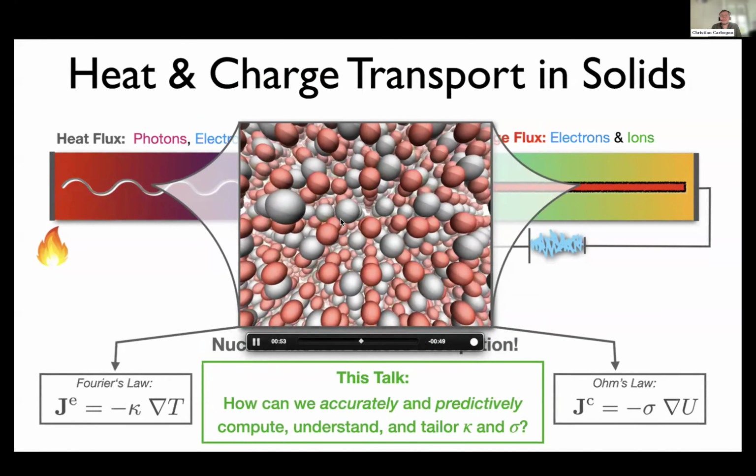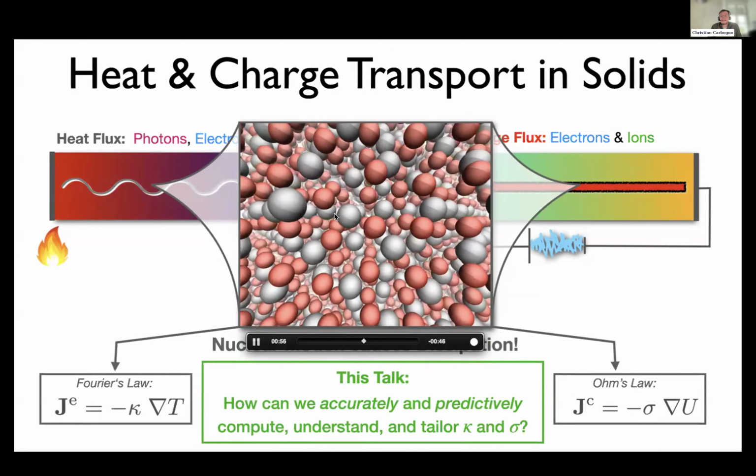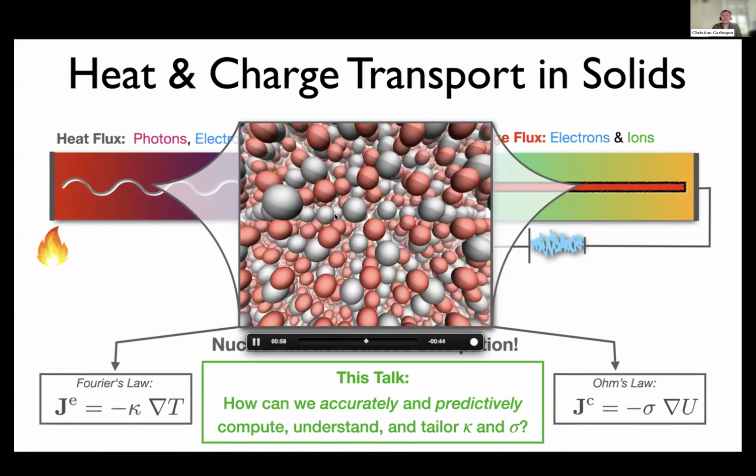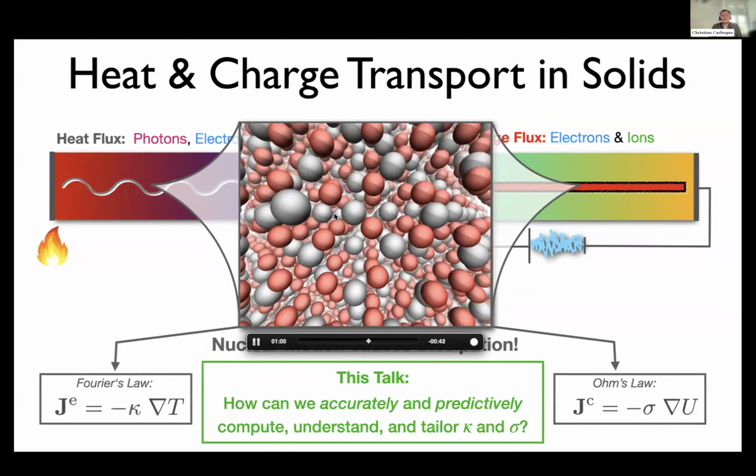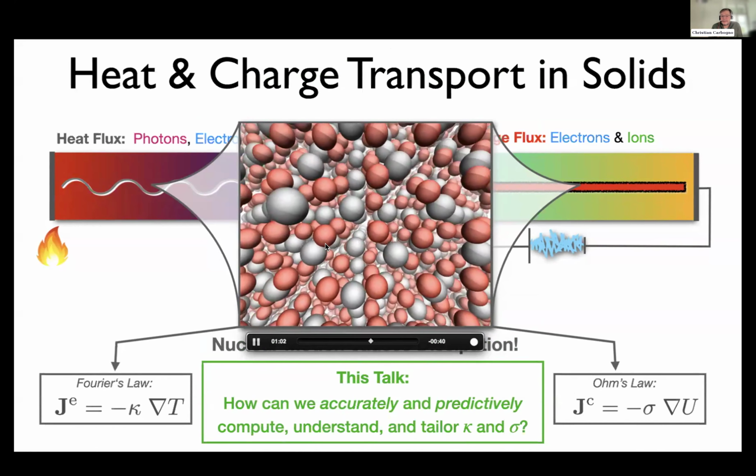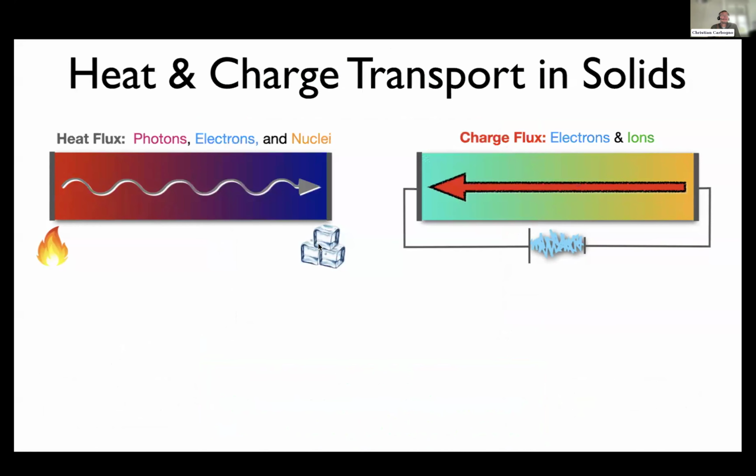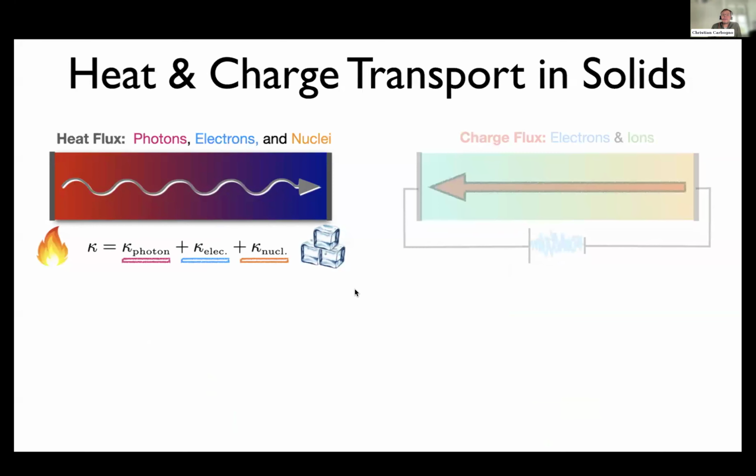How can we start from this microscopic picture, extract information, and then bring that up to scale to really describe macroscopic material properties? Now, to make the problem a little bit simpler in the beginning, I will focus on heat transport at first, and we will get to the charge transport later.